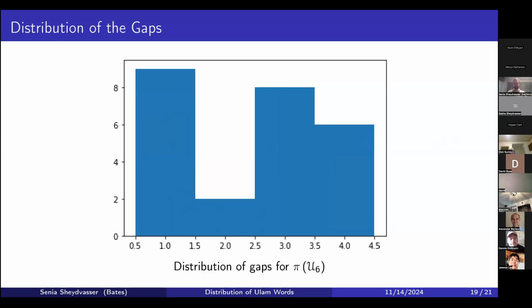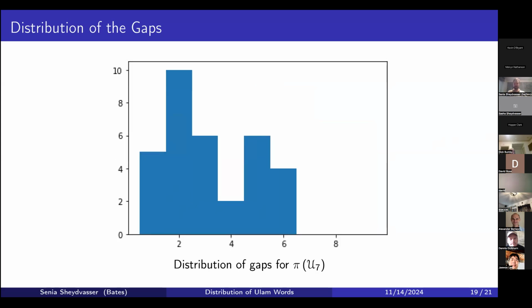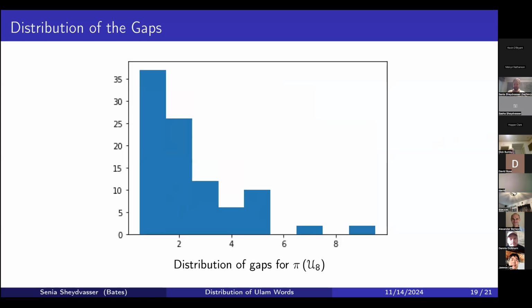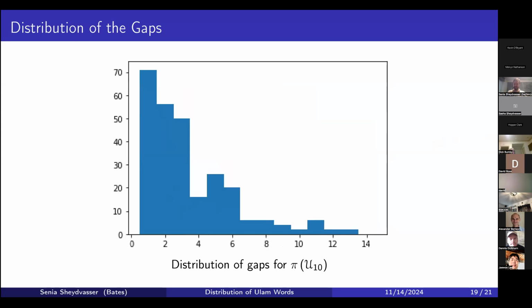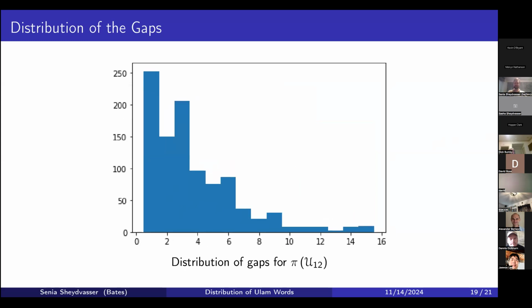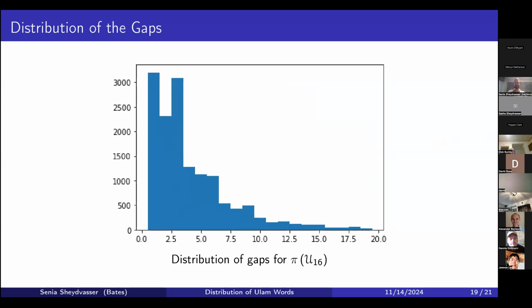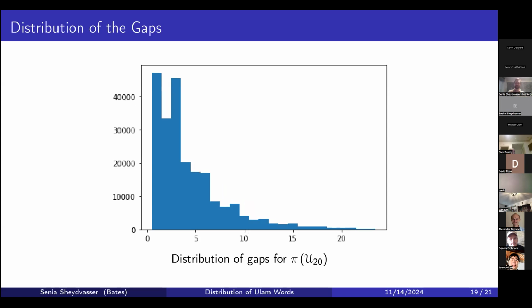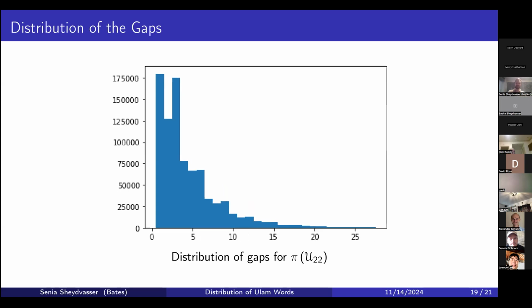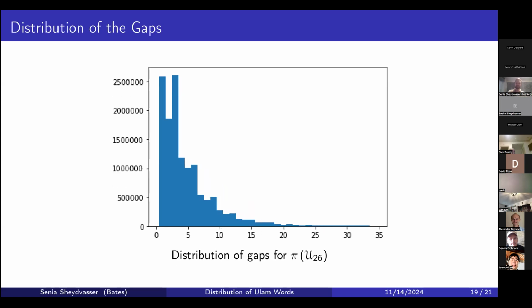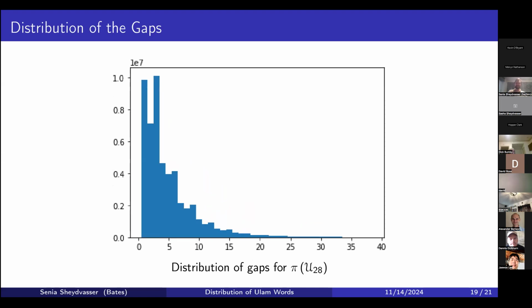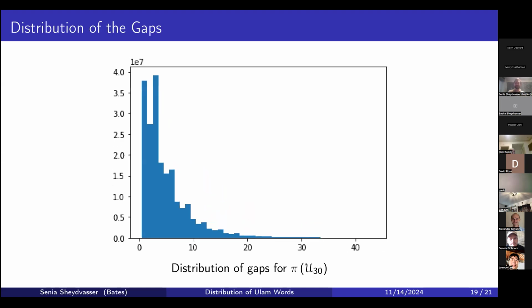Here's the same distribution for words of length 6, 7, 8, 9, 10, and so on, up through 30. Isn't that magical?